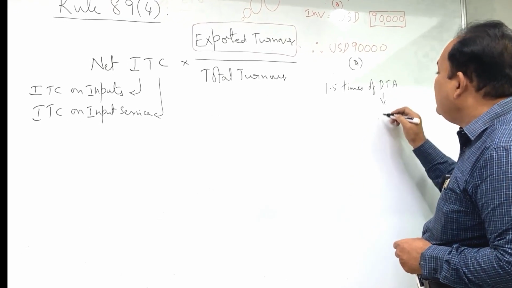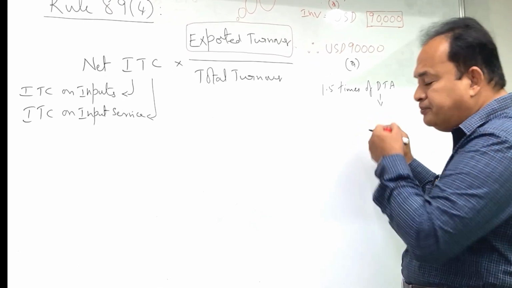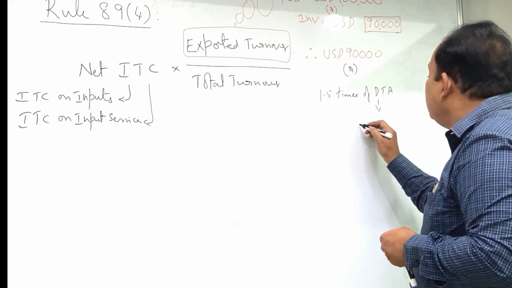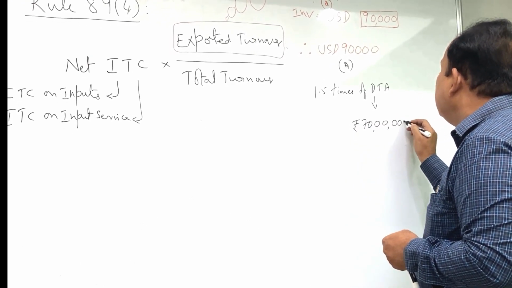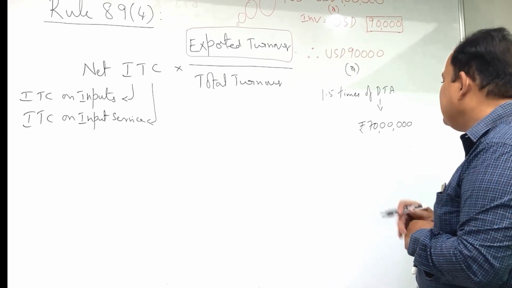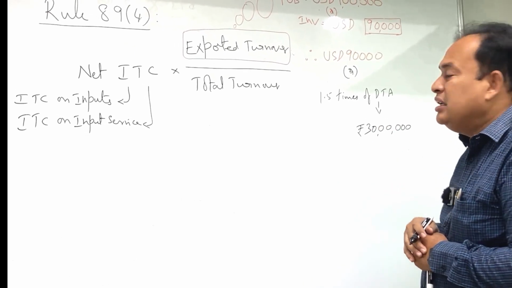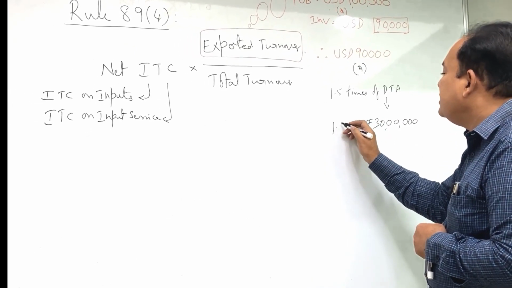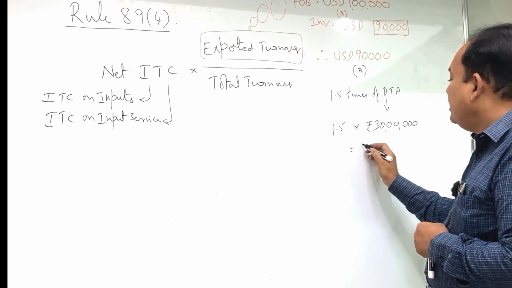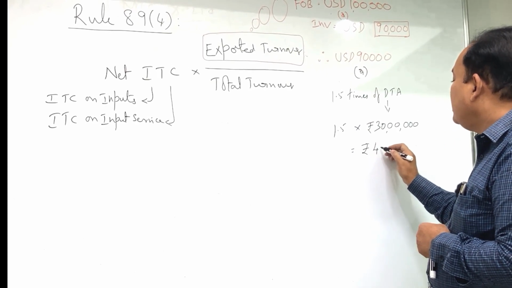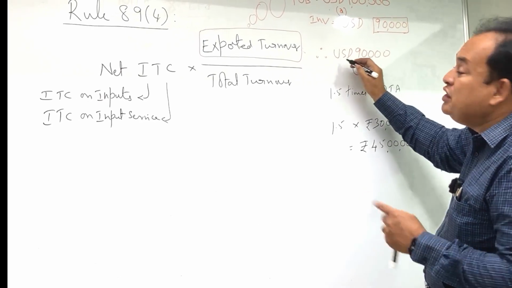These goods are valued, let us say, for example, 70 lakhs of rupees, or you take it as 30 lakhs of rupees. 1.5 times of domestic clearance of such goods, how much comes here? 45 lakhs.